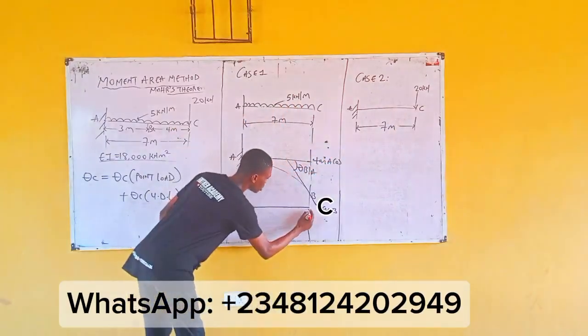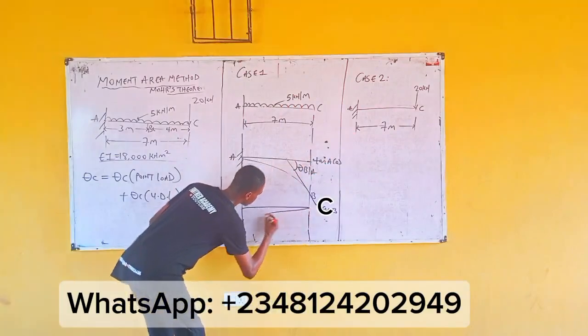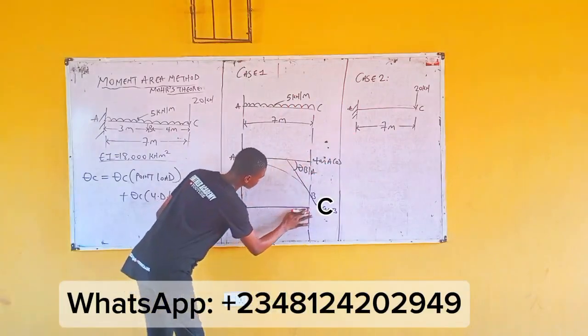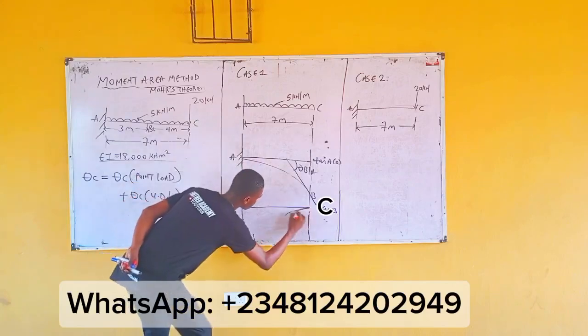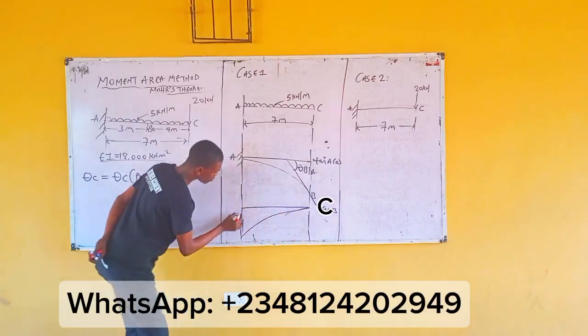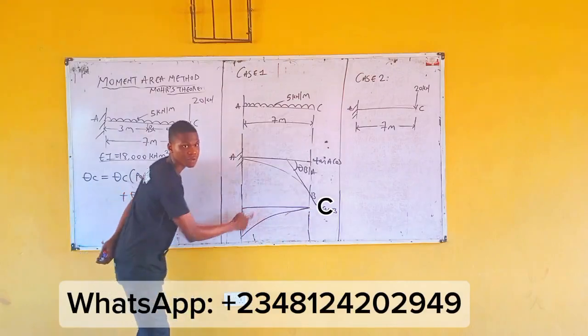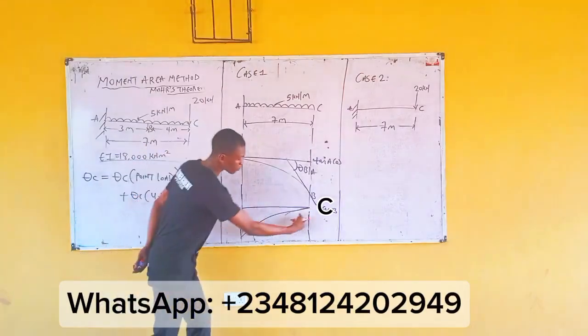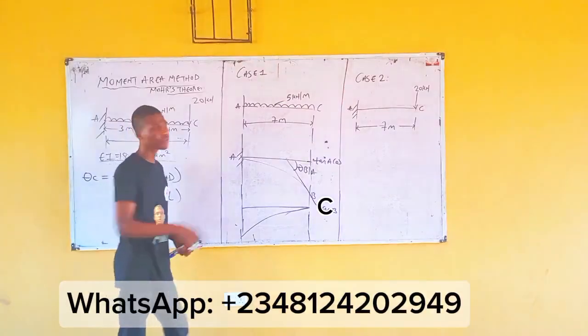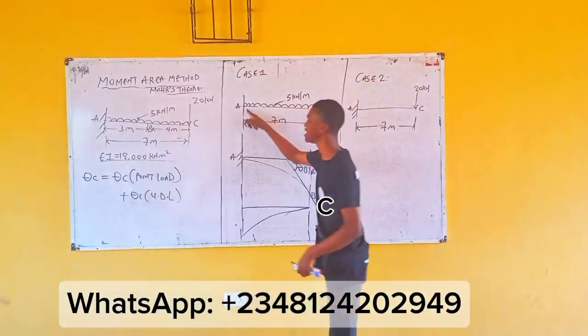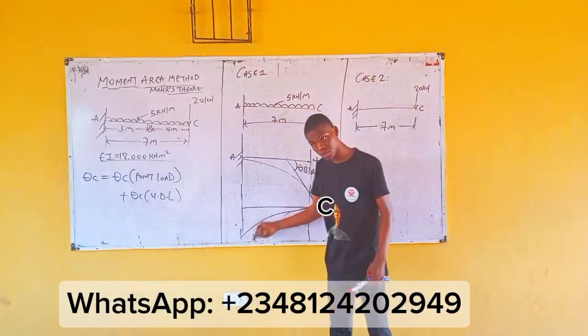This is your bending moment. You have your bending moment like this. This is different from a right angle triangle. It is curved. How do you know if it will curve? If you have a cantilever loaded with a UDL, the bending moment will curve.